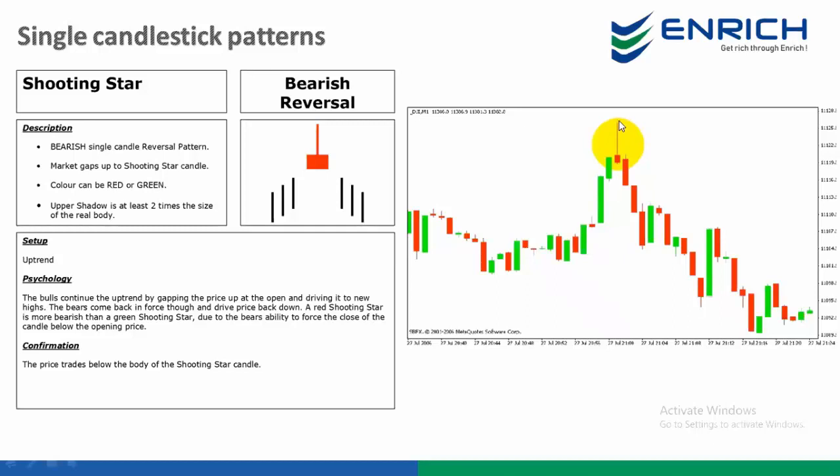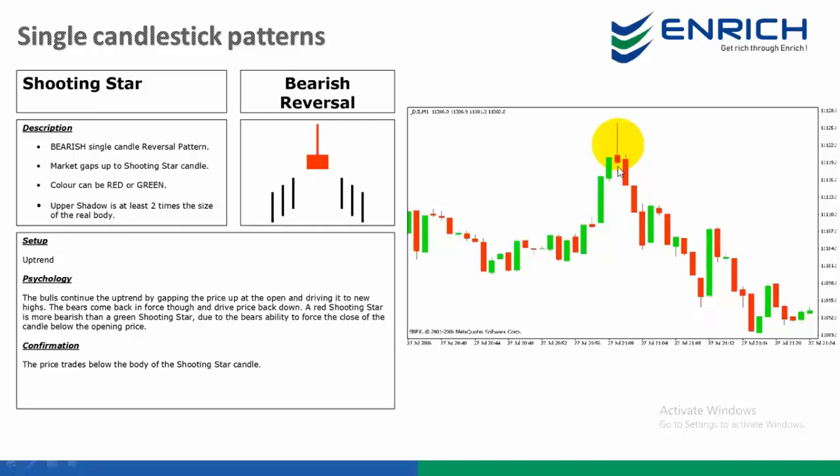The price went all the way to the top and got rejected over here and closed over here, right? So the bulls pushed the price higher, but the bears pushed it back down and collapsed it near the lows. That's what you need to understand. So the shooting star is seen after an uptrend. So usually you may see a gap up opening, leading to the shooting star.